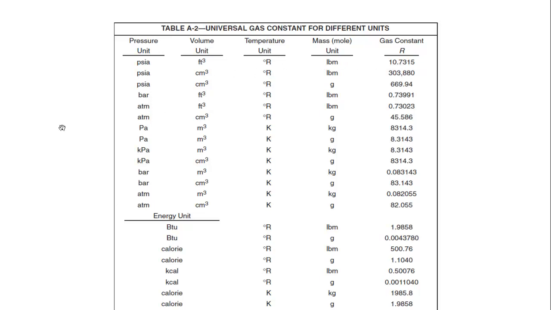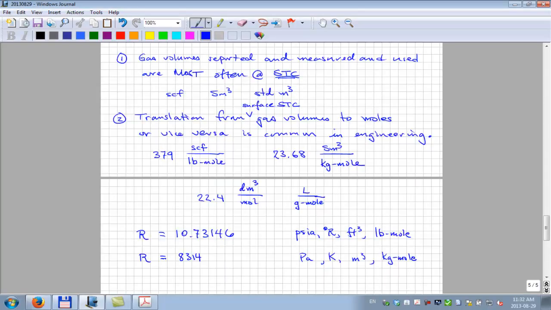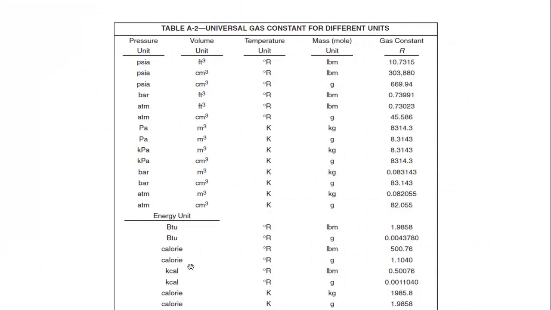And then if we go for Pascal, cubic meter, Kelvin, and kilogram, we've got the 8314 number that he gave.